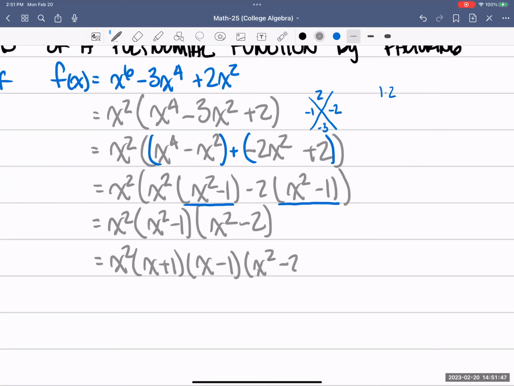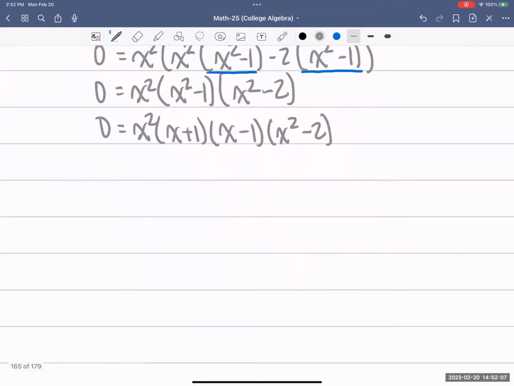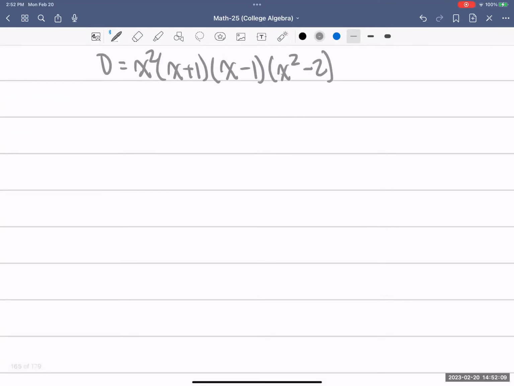X squared minus 2. And now from here, what we're looking for is our function. So our function equal to 0. So what values make our function equal to 0? And we could separate this using our zero product property. So we have this that we're solving for now.